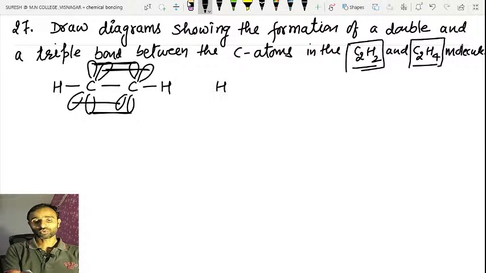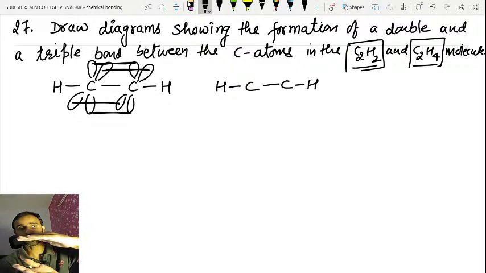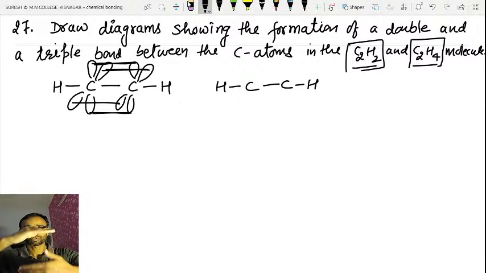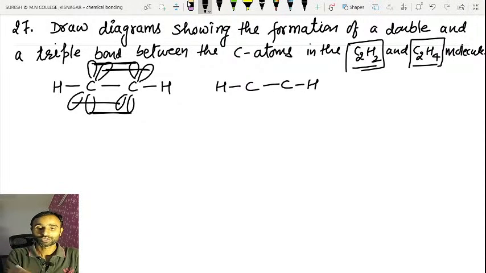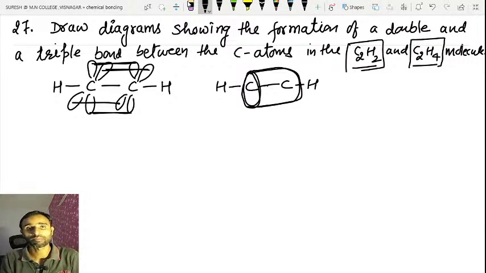And that's why there are four electron clouds, one above the plane, other below the plane, and right, left, upper and lower. So a cylindrical pi electron cloud is formed, that we have done, if you remember.